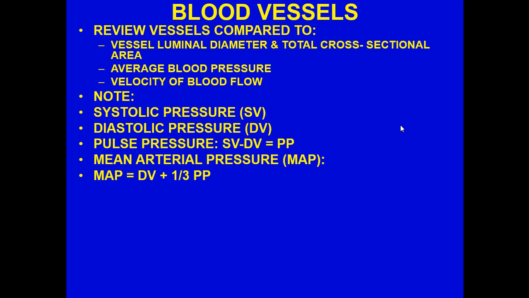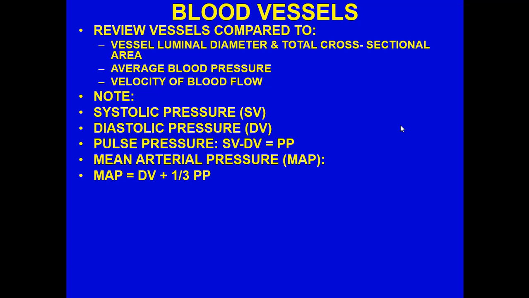Now, if you get messed up with this, here's a couple of quick points to help you. Remember systolic pressure, SP. That's the highest pressure, and it's usually when the heart has pushed this blood out. Diastolic pressure is the lower end, when the ventricle is beginning to relax and the pressure thrust has stopped.